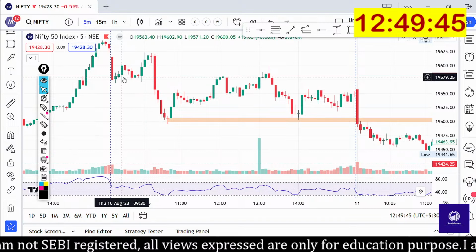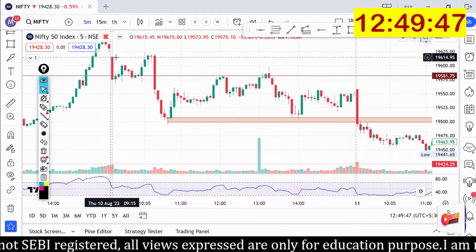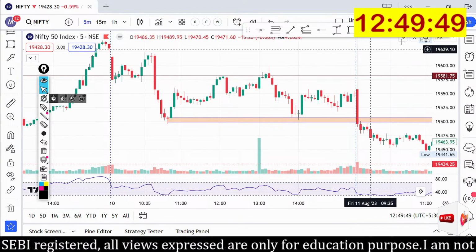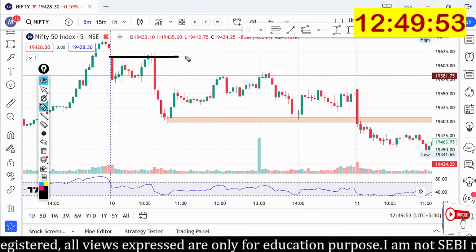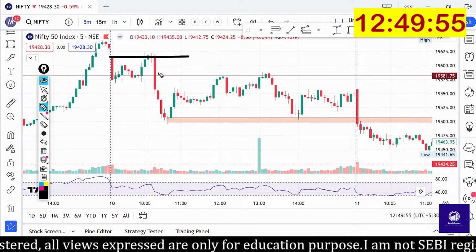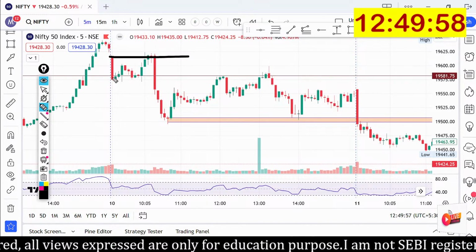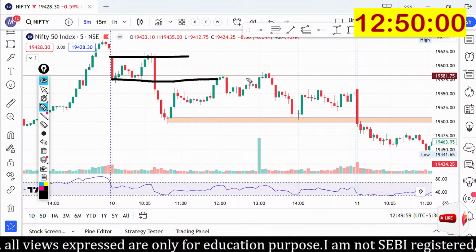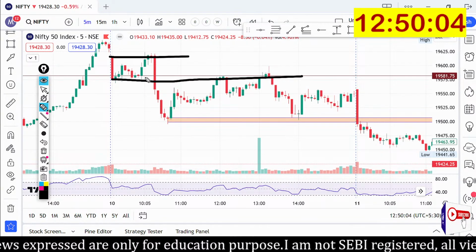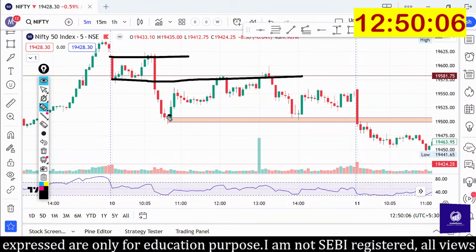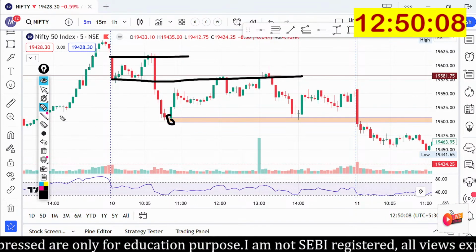So the logic is what? If the option seller is sitting here, this is the place the option seller is sitting, right? He would have built his position around these places. So whenever the market has taken, some put writers would have built the position here, right? Yesterday.